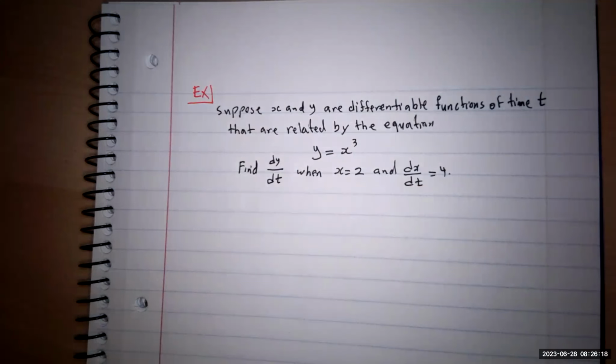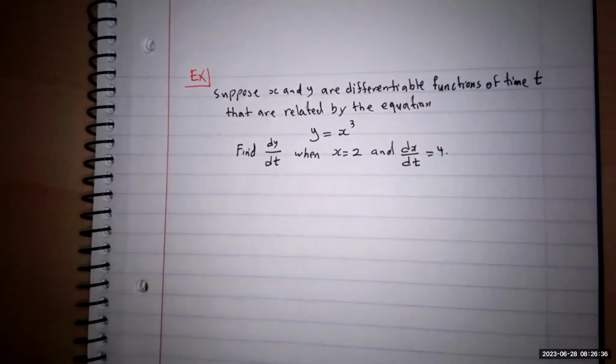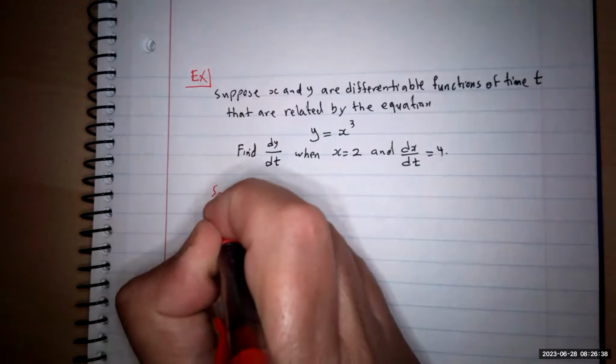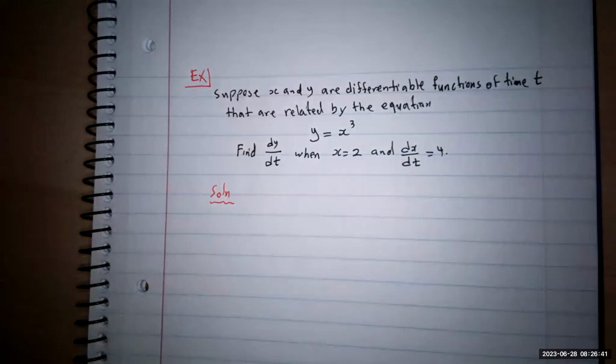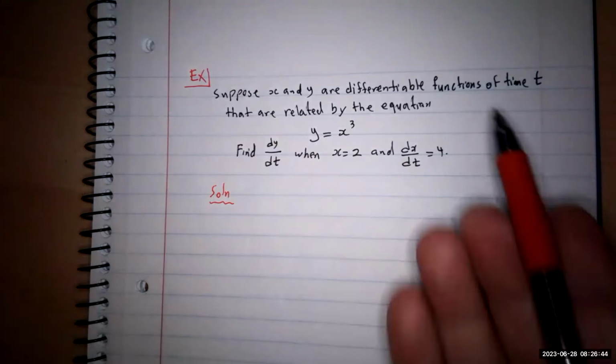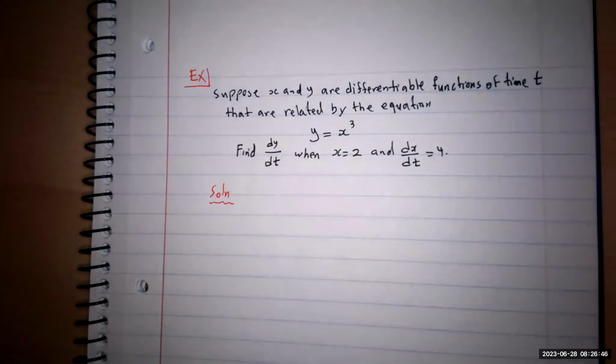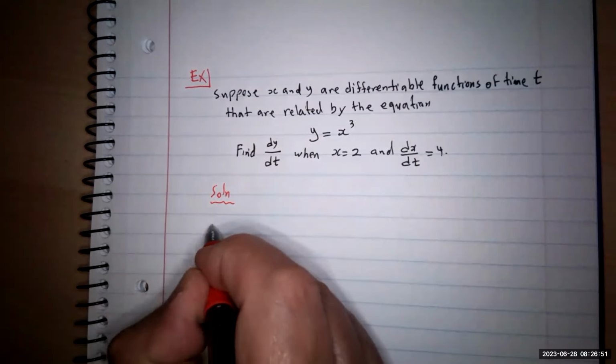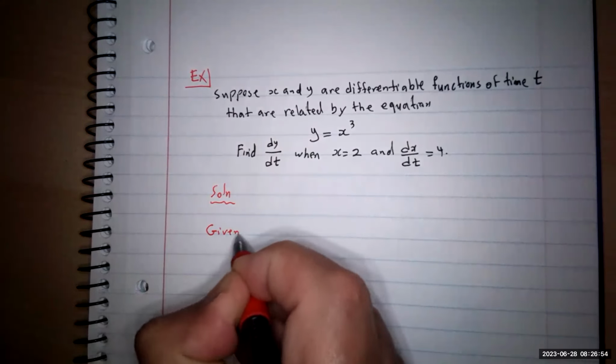In related rate problems, what you have to do is set up this problem. You have to identify what the known rate is. This is the way I do it. You can summarize it when you do the test, but it's nice to identify this for yourself, even if you don't want to write it all together. But I prefer to do it in this form: solution. We know that this is a related rate problem, so you have to check which rate is given to you. This is the one we refer to as the given rate.